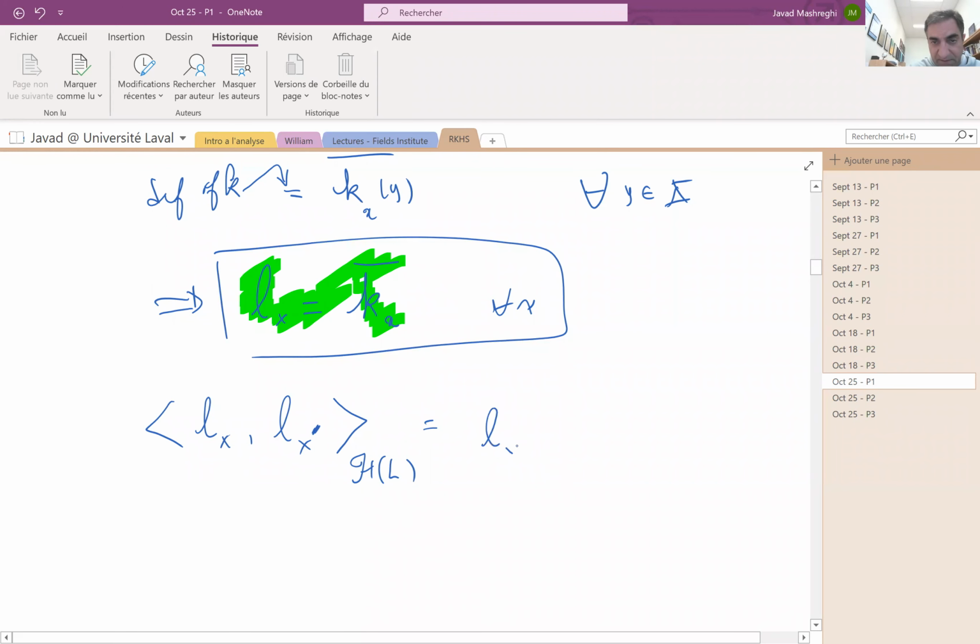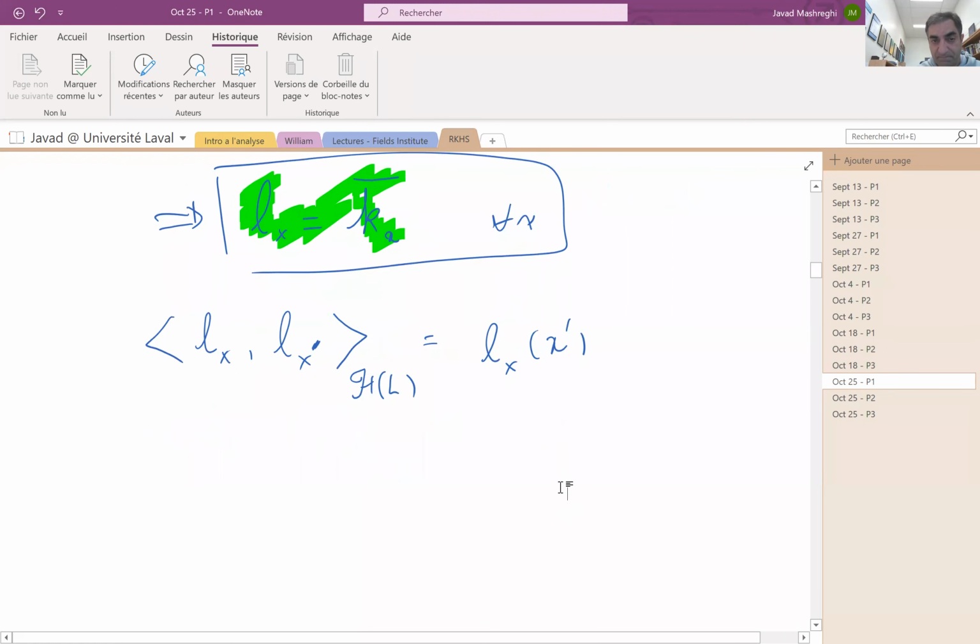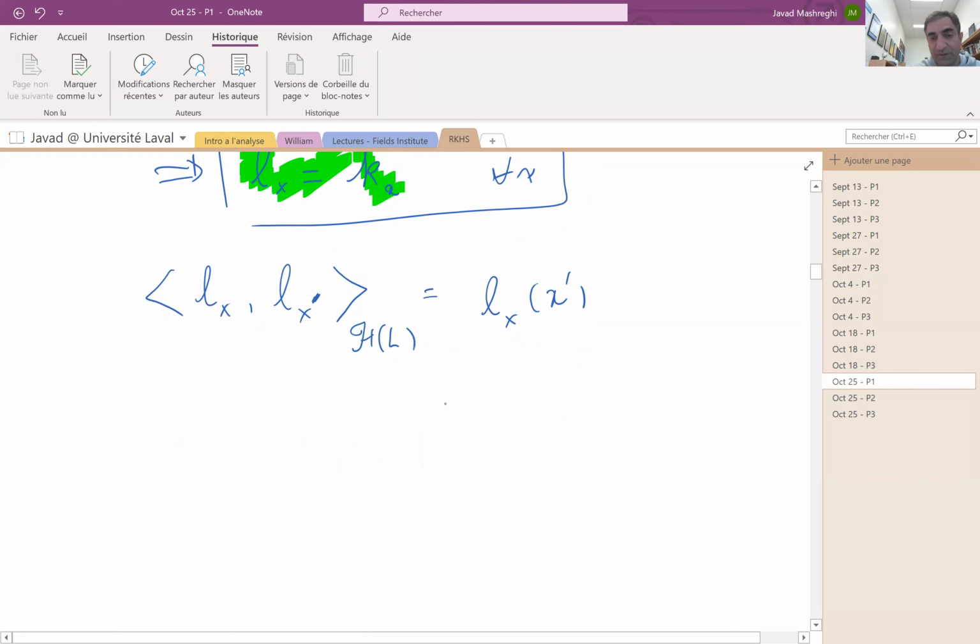This is l x at the point x prime, the meaning of kernel function, which is equal to the capital L x prime and x. That's the defining relation between capital L and small l. By definition, this is k of x prime x bar.